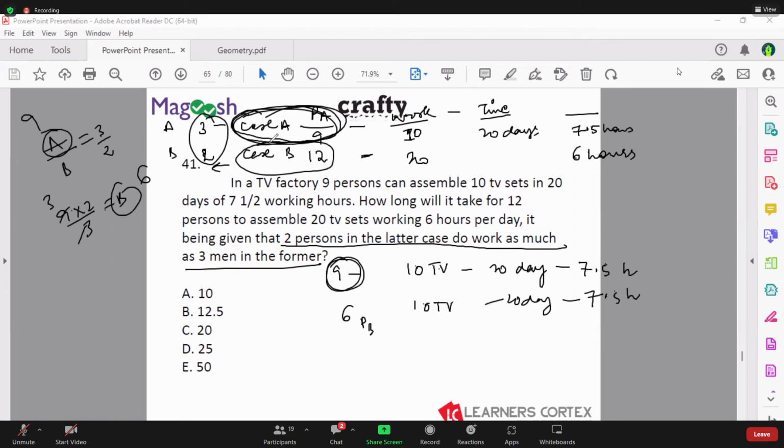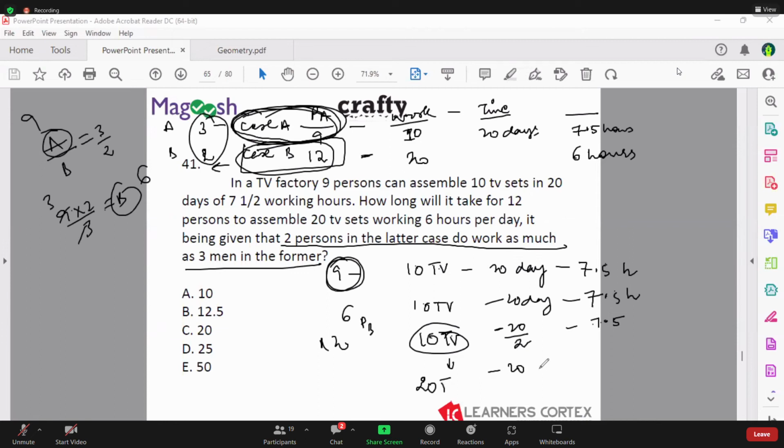So the question was asking, had there been 12 people? Okay, so we are basically doubling the number of people. So 12 people here would make the same number of TV sets in half the time. And if it is double the work, we have doubled the number of people and also doubled the work.